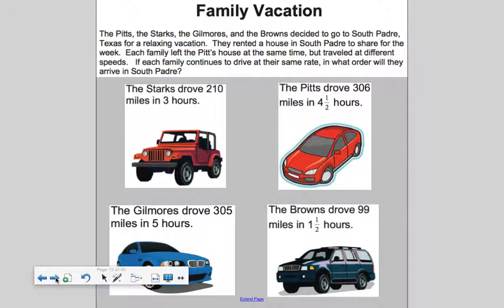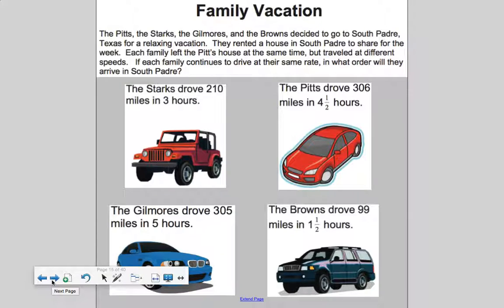If each family continues to drive at the same rate, in what order will they arrive in South Padre? The Starks drove 210 miles in 3 hours. The Pitts drove 306 miles in 4.5 hours. The Gilmores drove 305 miles in 5 hours. The Browns drove 99 miles in 1.5 hours.